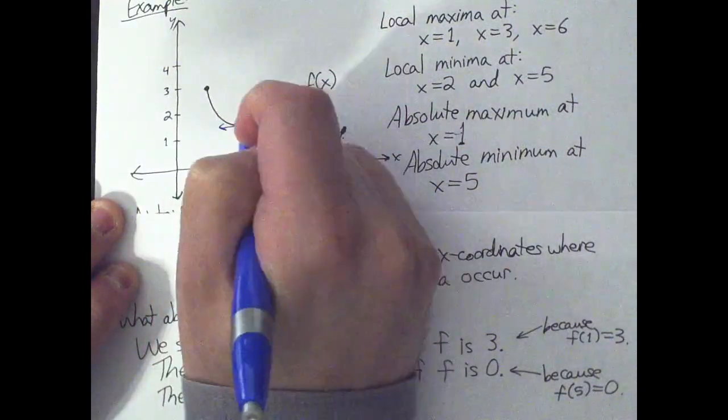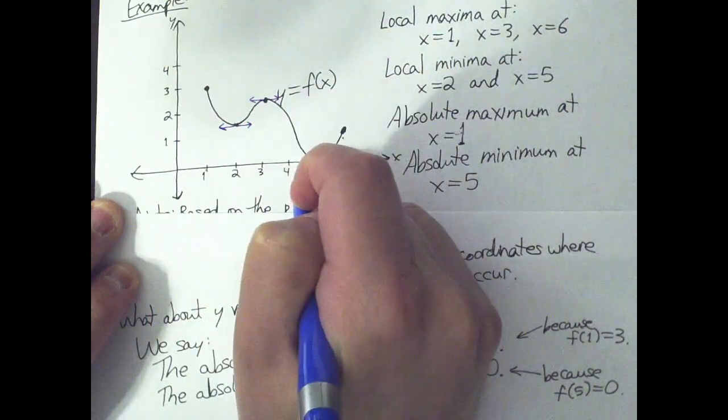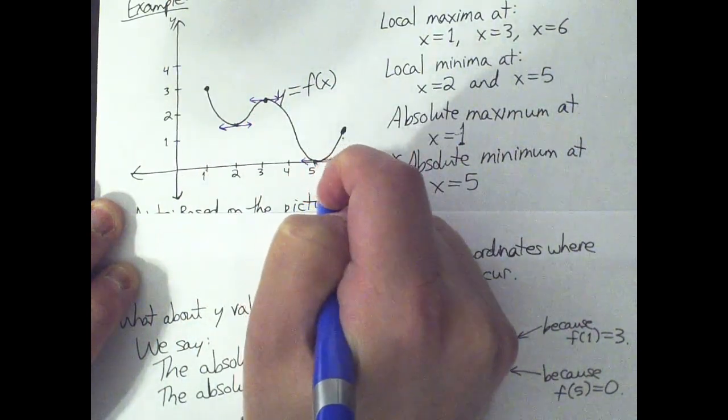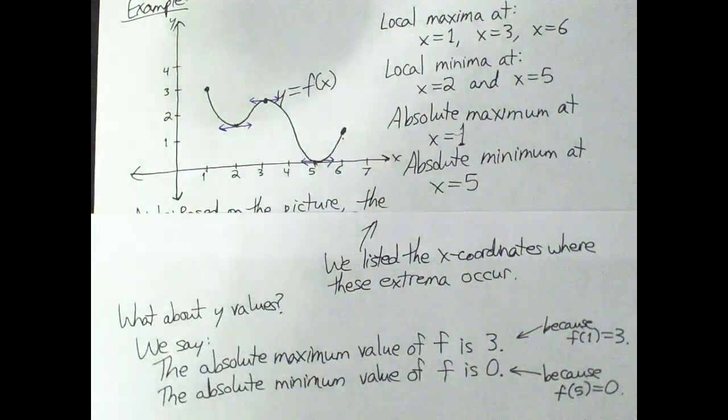So you might start to think, can we locate x values of maxima and minima by looking at the derivative of the function and finding where the derivative equals 0? Let's talk about that.